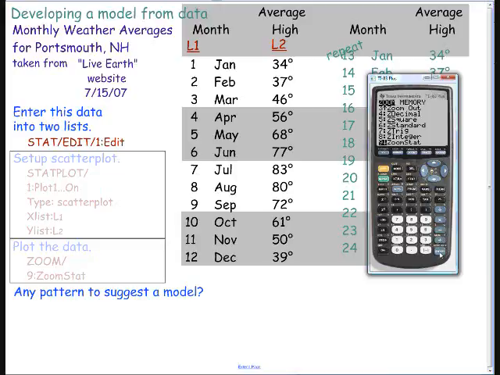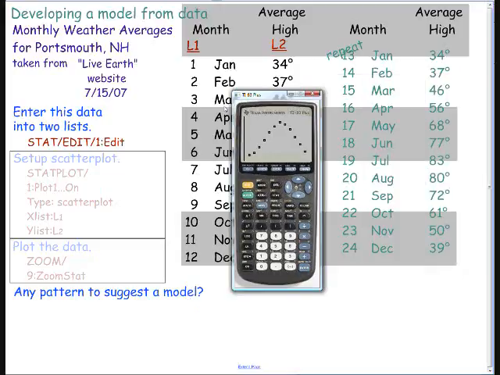It will look at the statistical information we put in the list. That looks rather like a sinusoidal curve, doesn't it? Is there a pattern here to suggest a model? I'm going to say that I think there is.